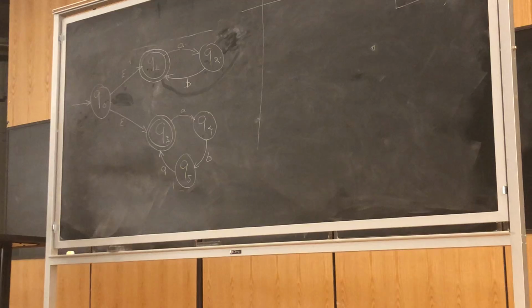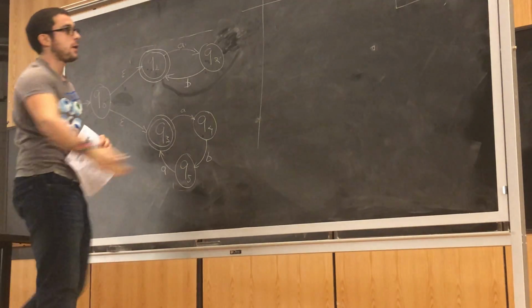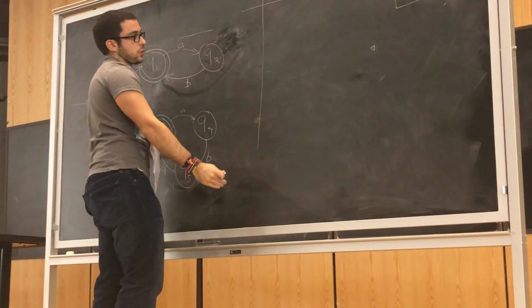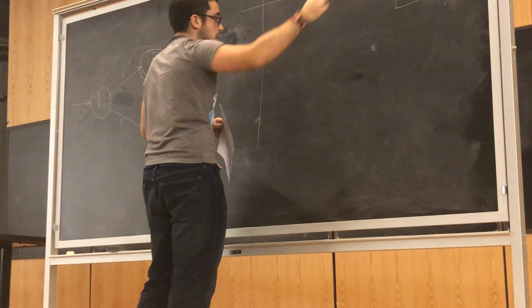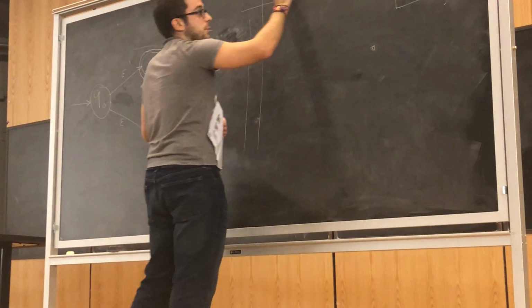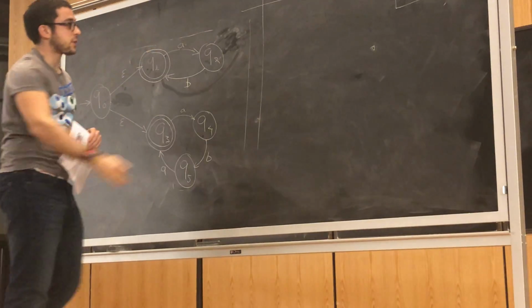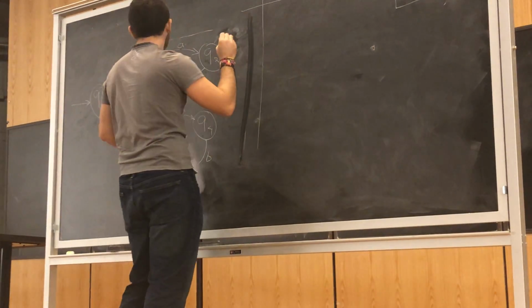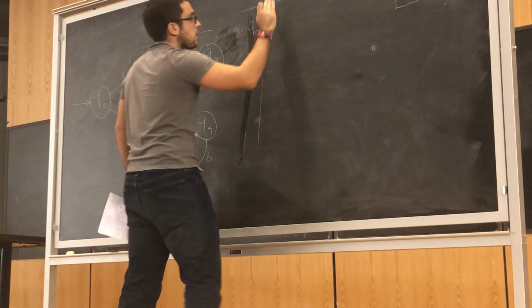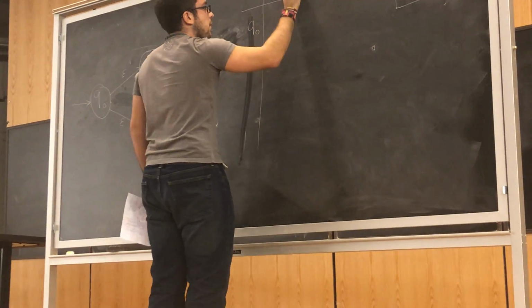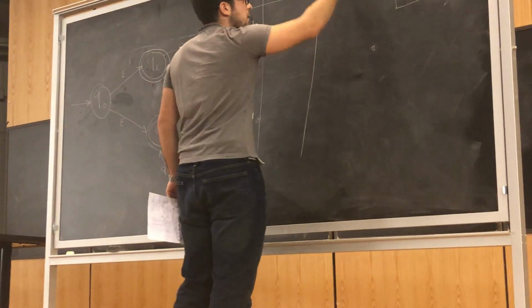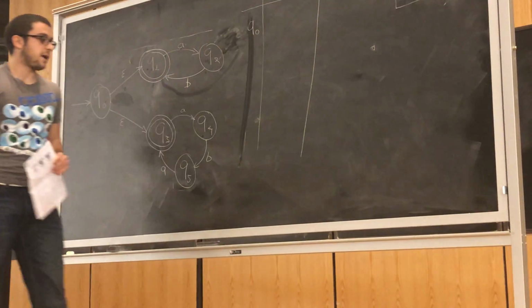It's a matter of how you want to present this, but you should have either in the rows or in the columns states and inputs, or inputs and states. I prefer states as rows, so I will start with Q0. The input symbols are A and B, so this is all I will have.